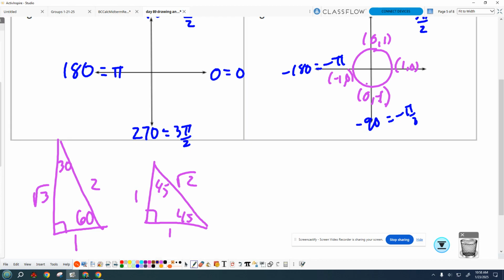So x, y, 1, theta. Sine, Emmanuel, sine is opposite, adjacent, hypotenuse, whatever, what? Sine of theta is opposite over hypotenuse, sine of theta is the y. Okay?